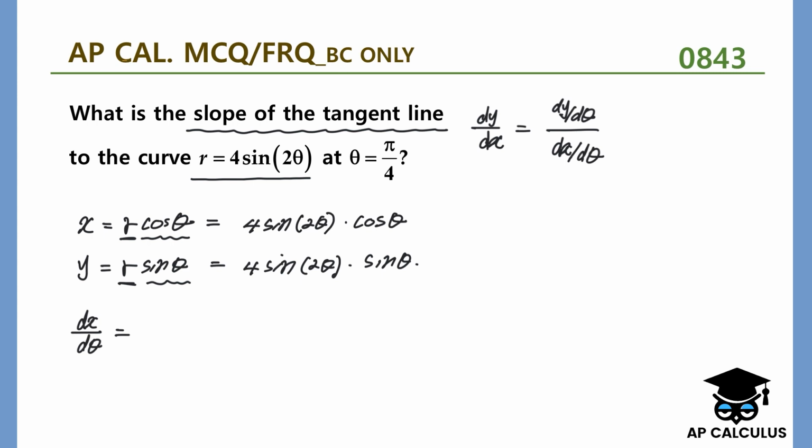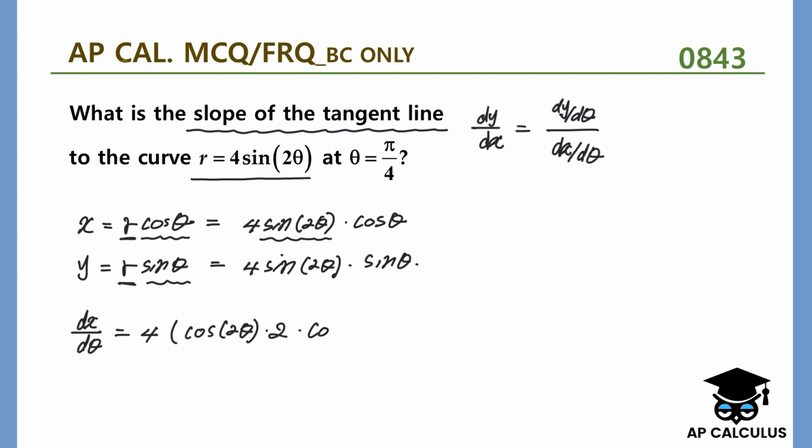So dx/dθ is equal to, here we're going to have to apply the product rule, since this is 4 sin 2θ times cos θ. So leave 4 alone. The derivative of sin 2θ is cos 2θ times the chain rule 2.